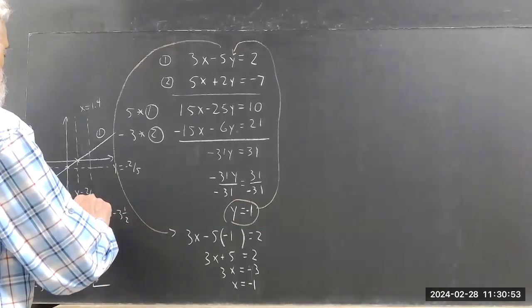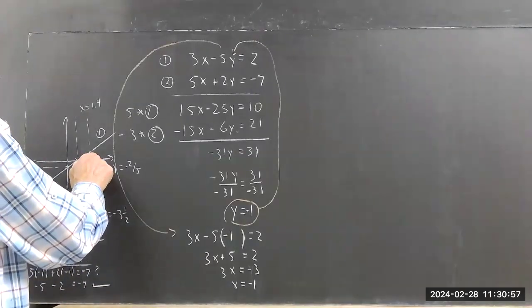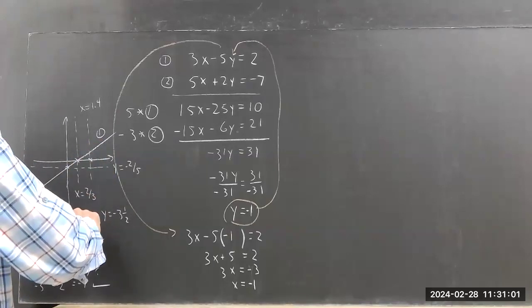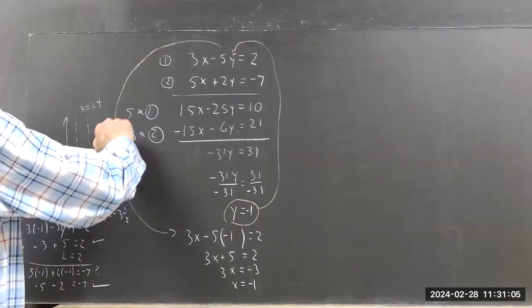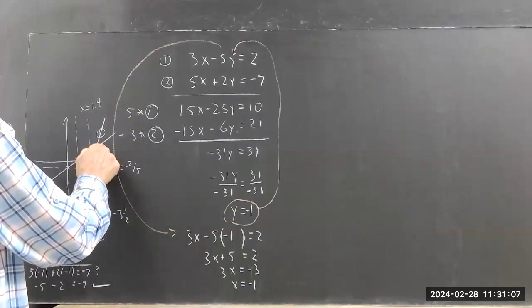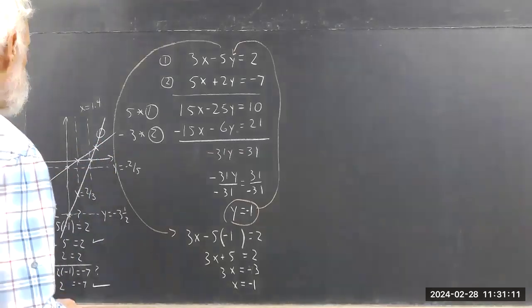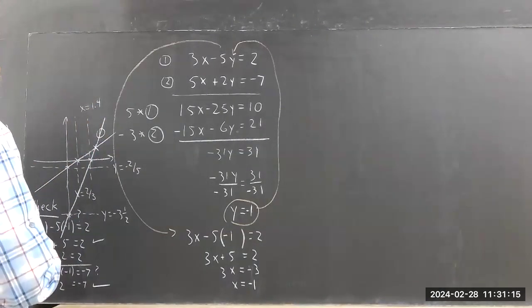So when I sketch a line with the x and y intercepts in the second equation, I get this, and here's my point of intersection. Now, if this is x equals... terribly wrong.